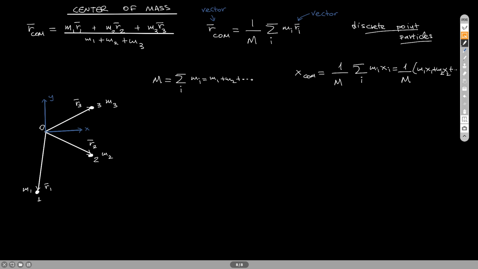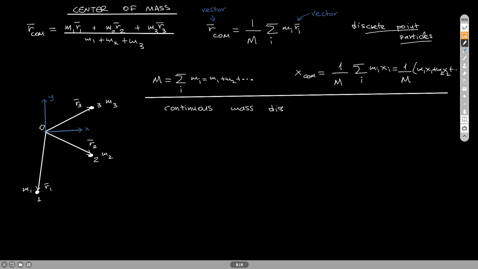Now, let's draw a line. When you have instead a continuous mass distribution, for example, you have a pyramid, a cone, and it has a mass, and you want to find the center of mass of that object, then we need to divide the mass distribution into small pieces.